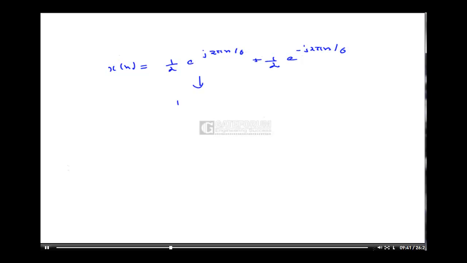This corresponds to k equal to 1 and this corresponds to k equal to minus 1. K equal to minus 1 is also equal to k equal to 5.